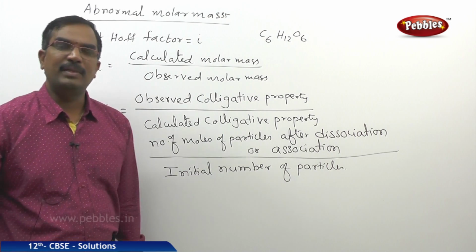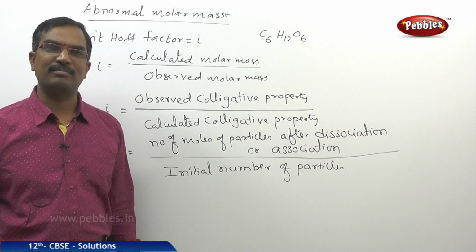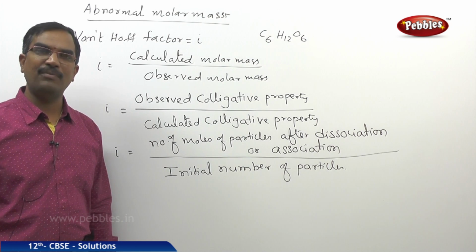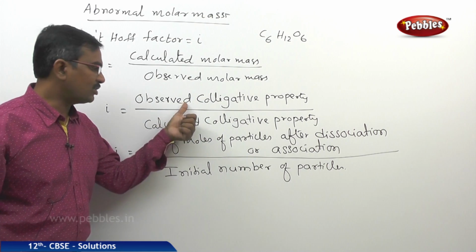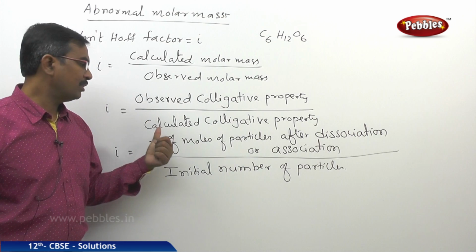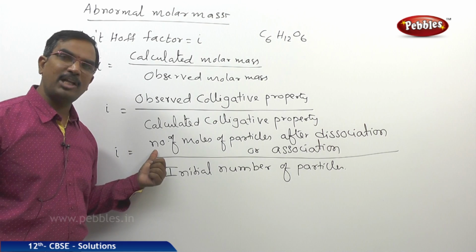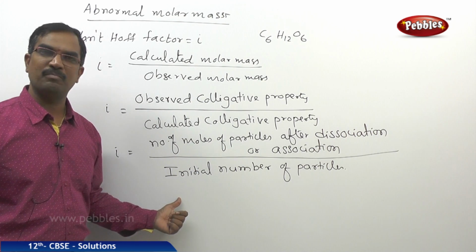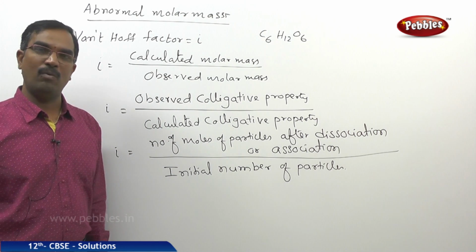In this case, it cannot undergo any association or dissociation, so the value of I is equal to 1. Similarly, observed colligative property becomes equal to the calculated value of the colligative property, and the number of moles of particles after dissociation or association will be equal to the initial number of particles. In such cases, the Vant Hoff factor value is equal to 1.